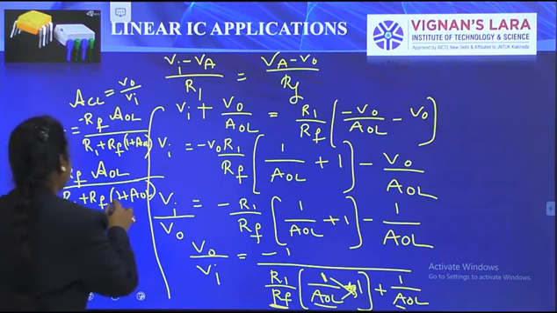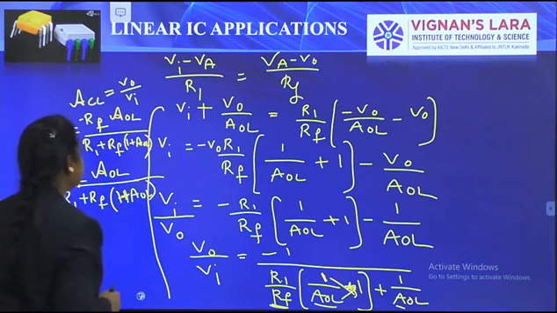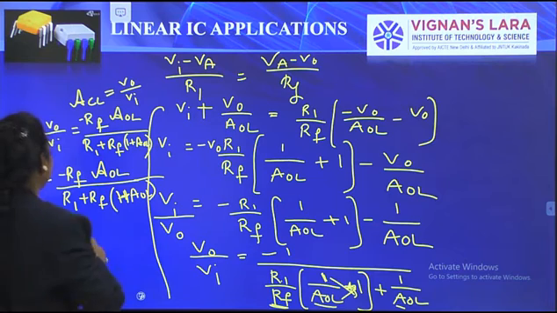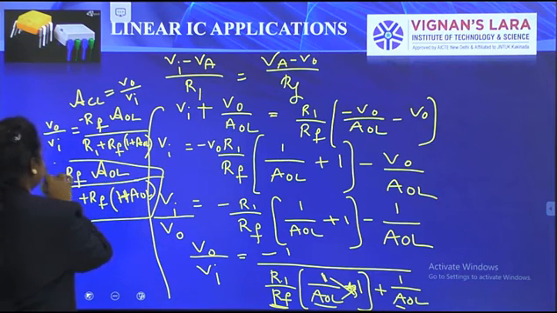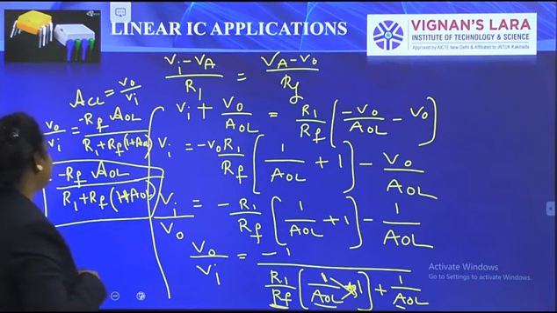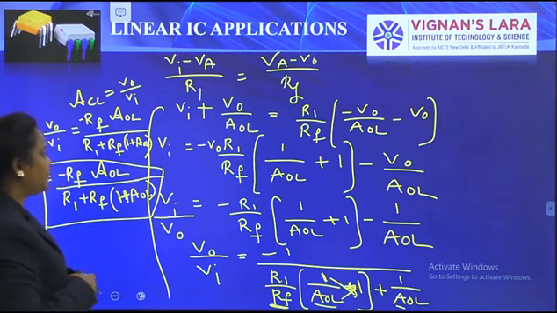This is very easy to derive. This is a practical inverting amplifier. The output for the practical inverting amplifier is minus RF into AOL by R1 plus RF of 1 plus AOL.